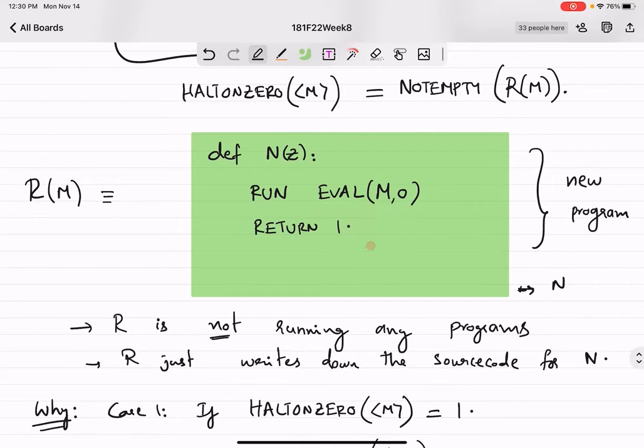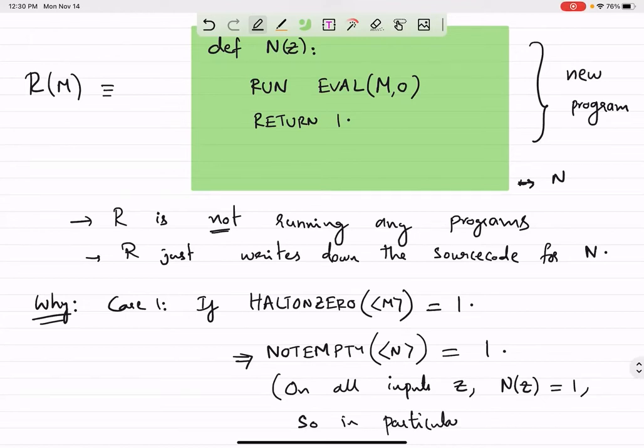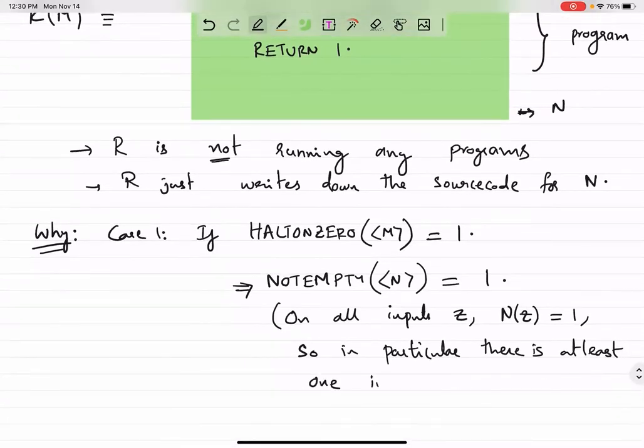So on all inputs Z, N of Z would equal 1. So in particular, there is at least one input on which this happens.